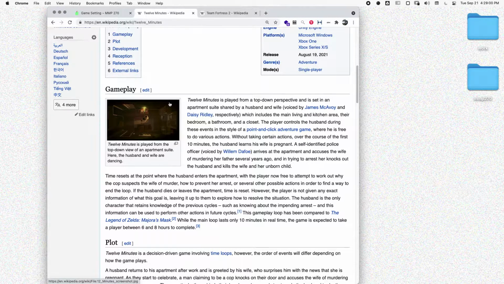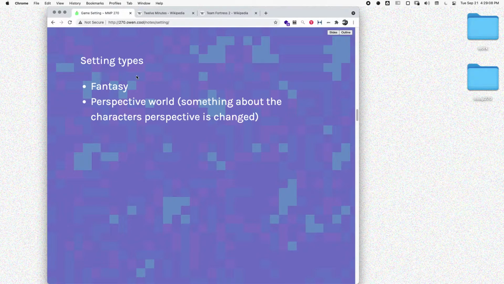I think we might need to differentiate between perspective as in visual perspective, like three-point perspective or something like that, versus your psychological perspective, the character's perspective. Oh, 12 minutes is basically Groundhog Day. Oh, okay. Yeah, that makes sense. So the player's living the same day over and over again. Okay, that makes sense. That's a good one. Okay, so these are good examples.